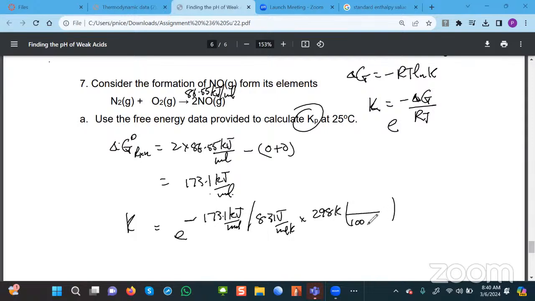So 1,000 joules here, 1 kilojoule above. And basically, we do the same thing to get the K value, which I'll leave you to work out. It's the same as in the previous question. So that's basically number 7.